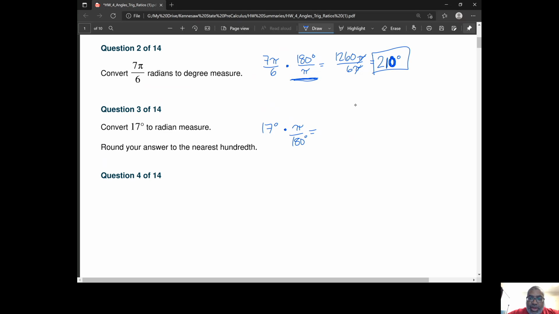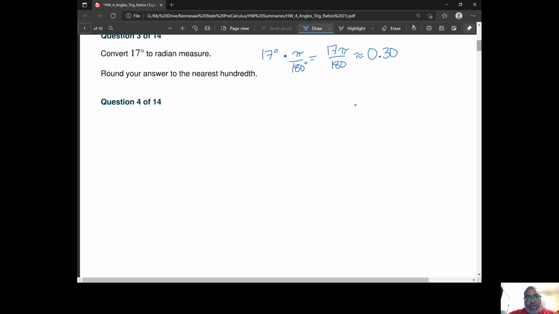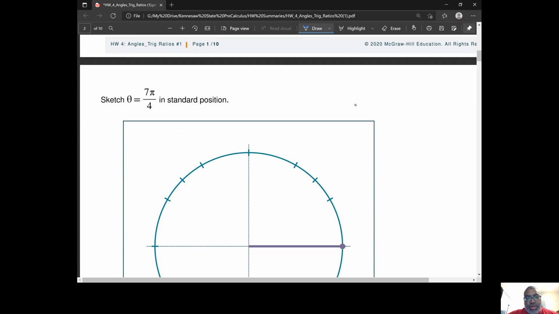The degree sign cancels out, and you end up with 17 pi over 180, which is about 0.30 radians. You don't put anything for radians. For degrees, you notice that I make it a point to put the degree signs. For radians, it's nothing. Also, make sure your calculator is in the right mode.